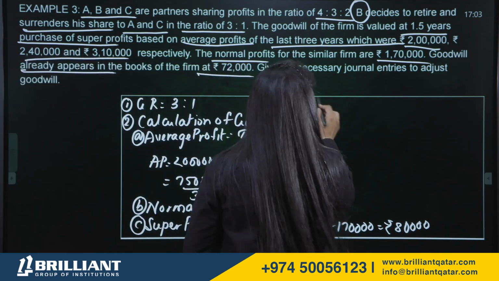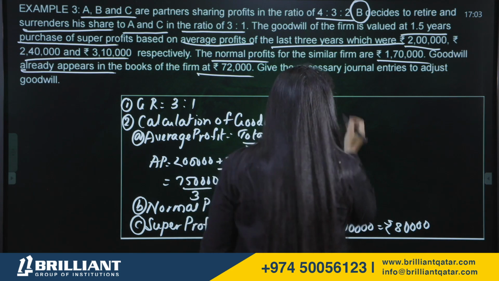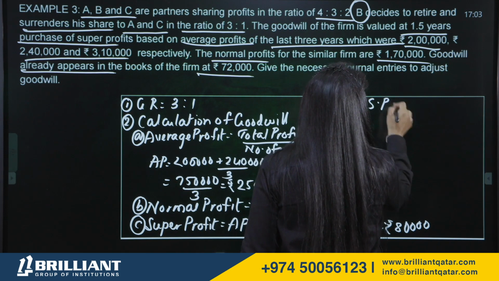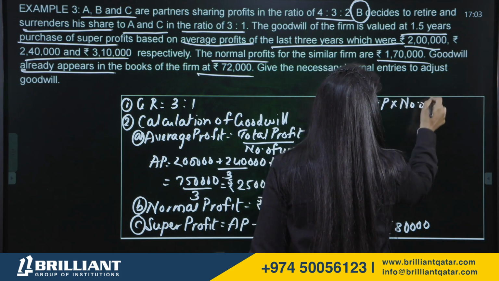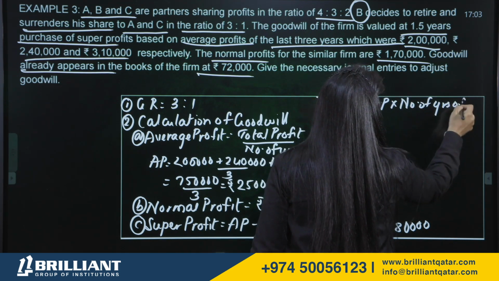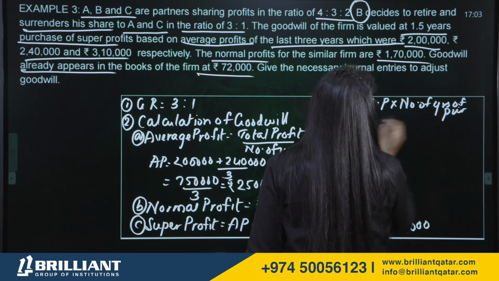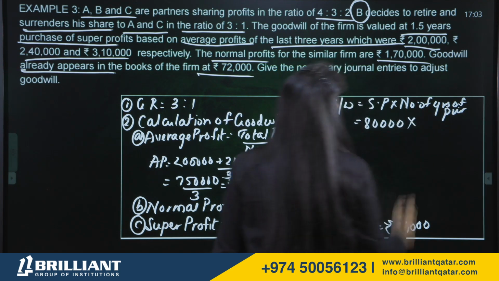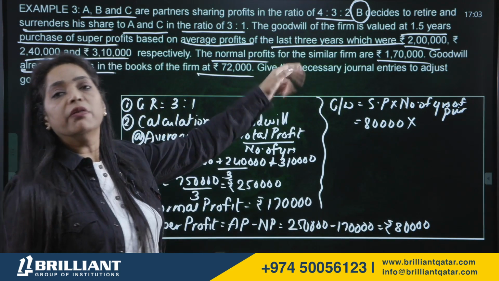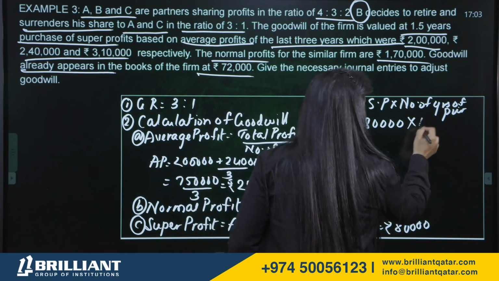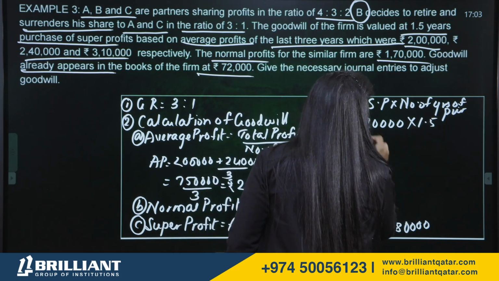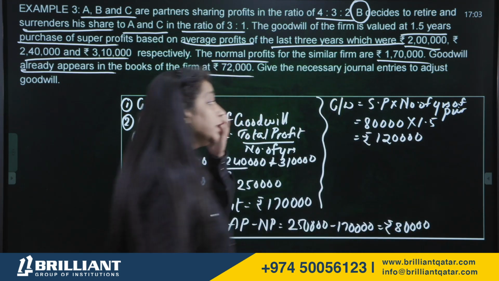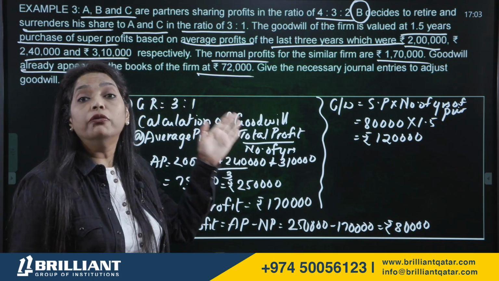Now you find out your goodwill. Goodwill is equal to super profit into number of years of purchase. The super profit that you have calculated is 80,000 and the number of years of purchase given in the question is 1.5, which is equal to rupees 1,20,000. Now this 1,20,000 is the goodwill of the firm.